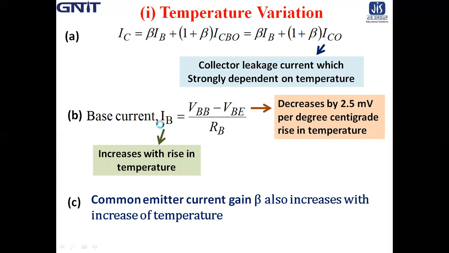And the third is the common emitter current gain beta also increases with increase in temperature. So it is evident that the collector current IC increases as the temperature increases, since all the variables beta, IB and ICBO increase.